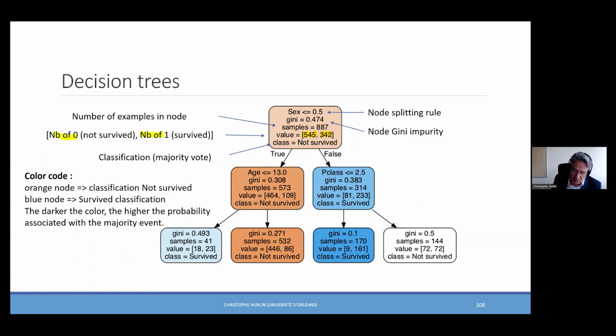In general, the number of 0s is on the left, and the number of 1s is on the right. So among the 887 individuals, we have 545 who did not survive, with y equal to 0, and 342 who survived, with y equal to 1.